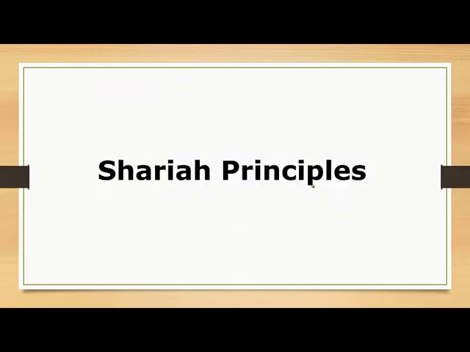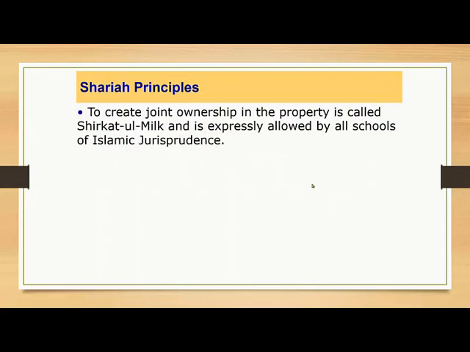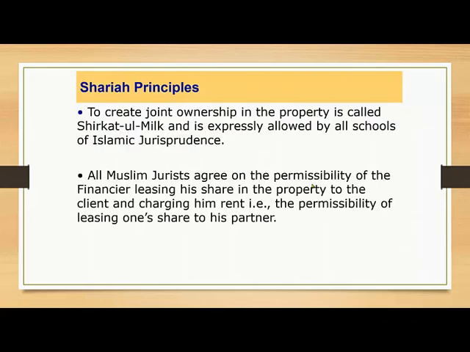So let's go through the Sharia principles which govern diminishing Musharakah. First, creating a joint ownership in the property, which is called Shirkatul Milk, is expressly allowed by all schools of Islamic jurisprudence.